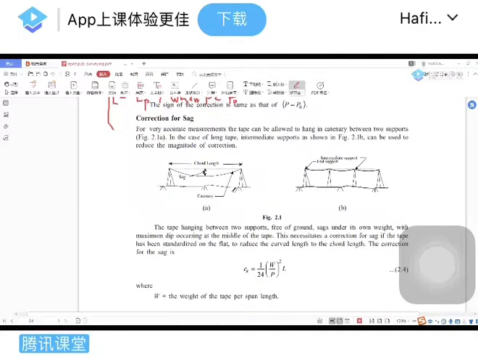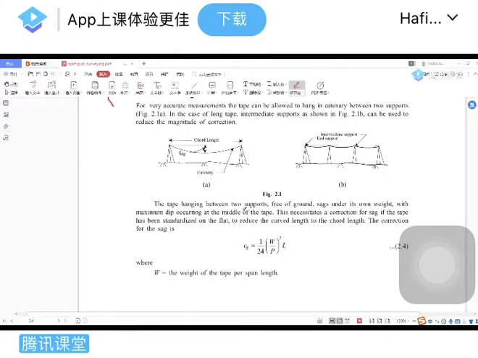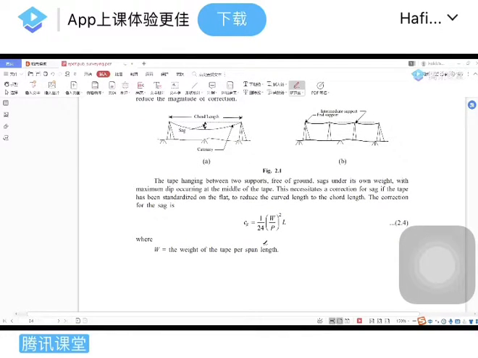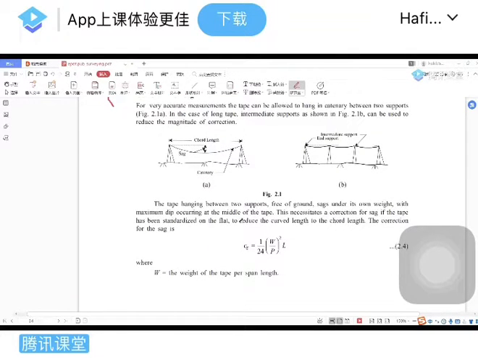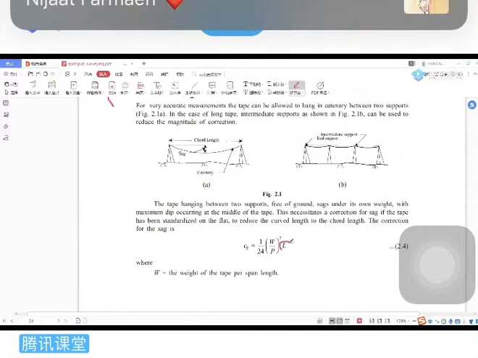Okay. Let's see how to do the correction. The correction is based on three factors. Let's take a look at the three factors. First of all, L is the nominal distance. Of course, every correction is in regard to the nominal distance.